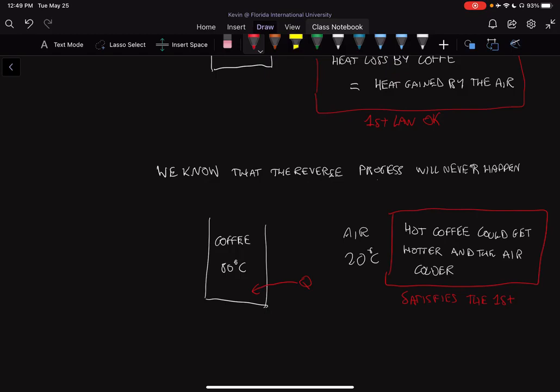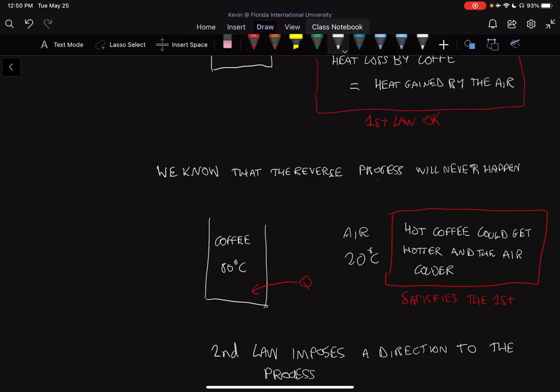So the second law imposes a direction to the process.